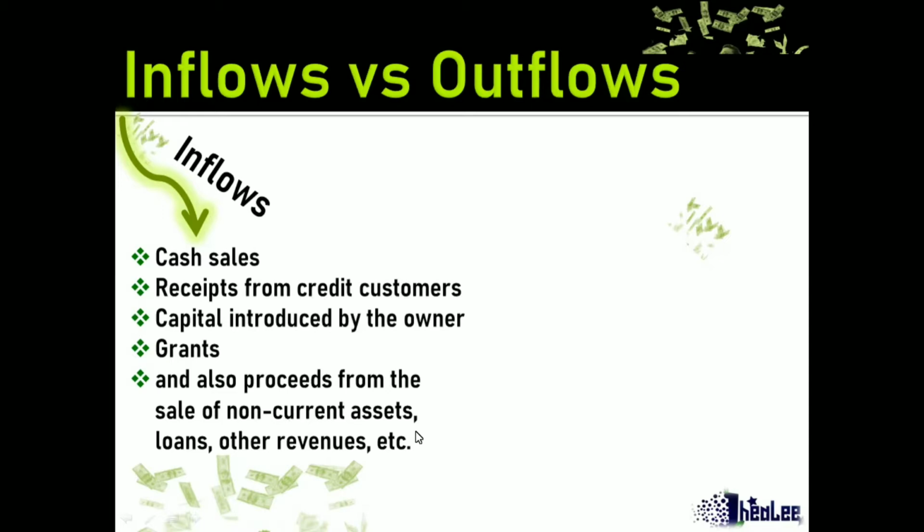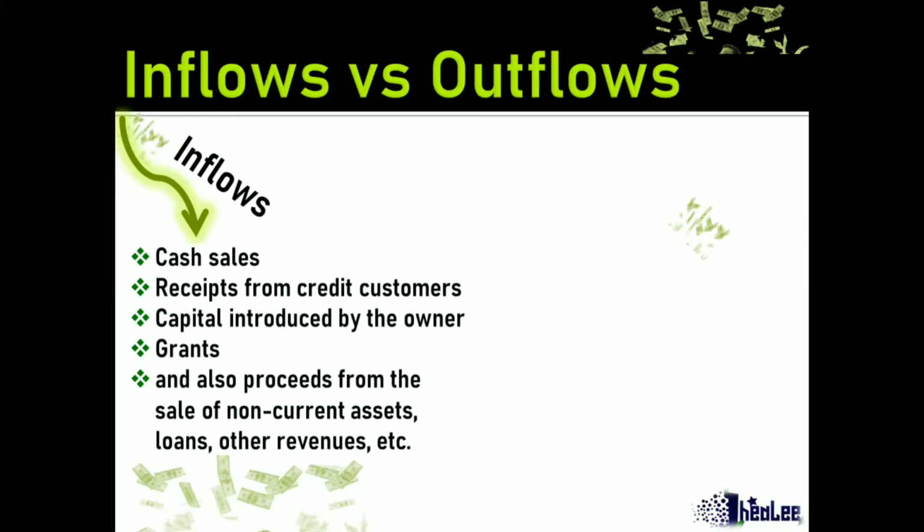And non-current assets, remember, that's your fixed assets. So if you sell a motor vehicle, machinery, or a computer, those would cause an inflow of cash in the business. Also if they receive a loan, or other revenues that the business might have acquired for the period in terms of cash.